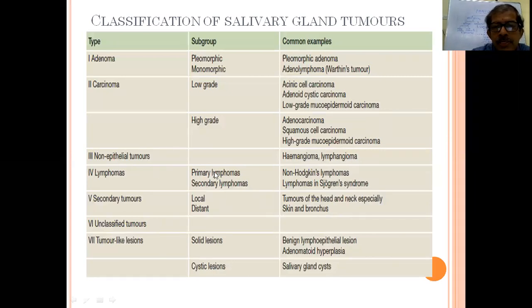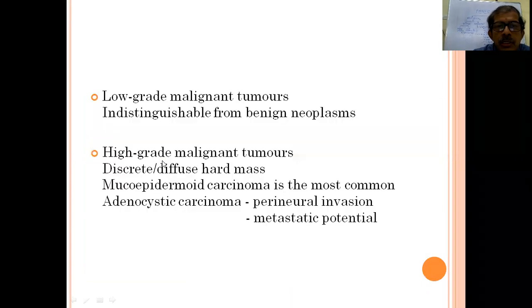Then lymphomas. Of course, the parotid is a site for secondary tumors also. Local extension can occur, or from as distant as bronchogenic carcinoma, which can also come into the parotid, right?